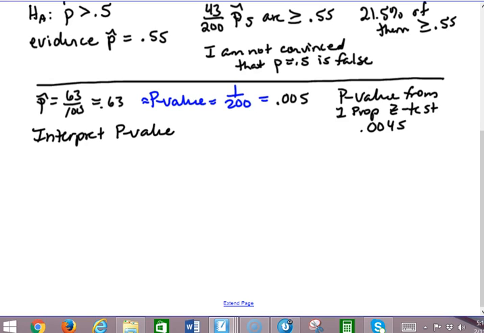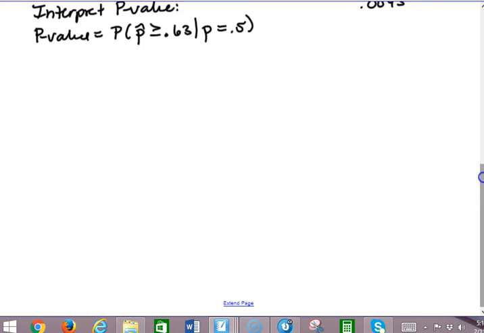Remember that it is a conditional probability. Symbolically, I could say that the p-value is equal to the probability that p hat is greater than or equal to 0.63 given that p is equal to 0.5. So in words I can say, if the true, and I think I'm going to type this because I can write it more neatly and a little more quickly this way.